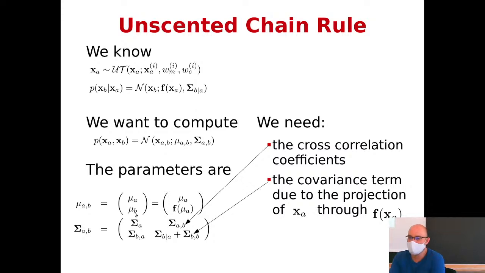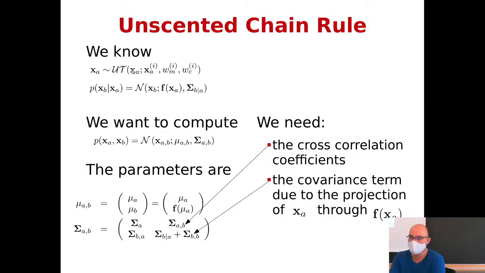And the second block will be similar to what happened in the affine transform: nothing else than the projection through f of the mean of this distribution over here.